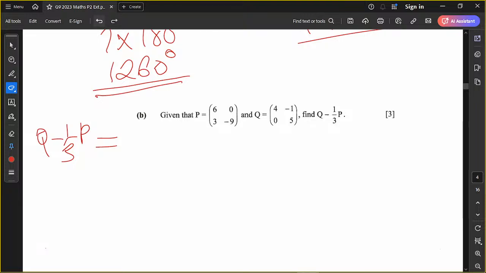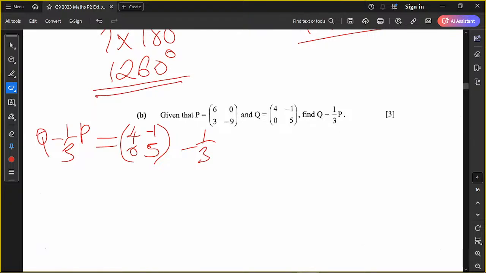So we start with that matrix, which is 4, negative 1, 0, 5, close bracket, minus 1 over 3.